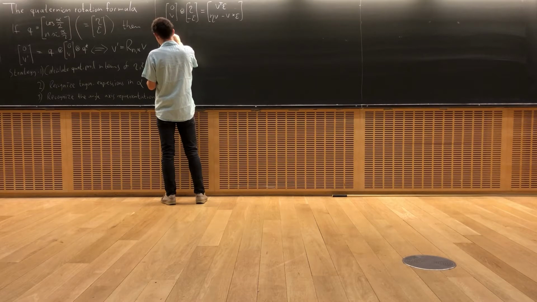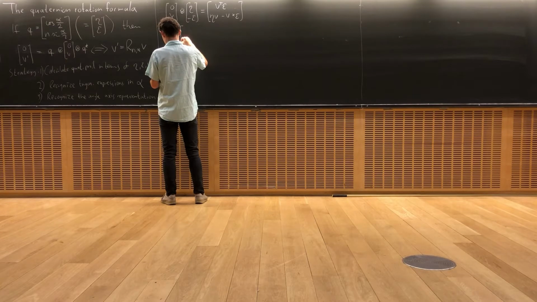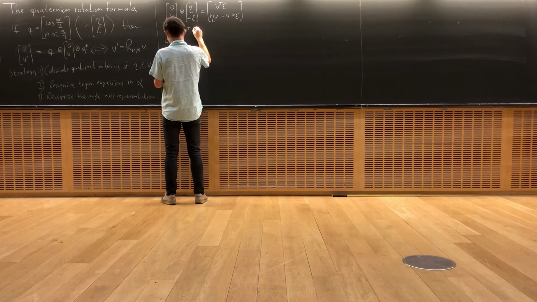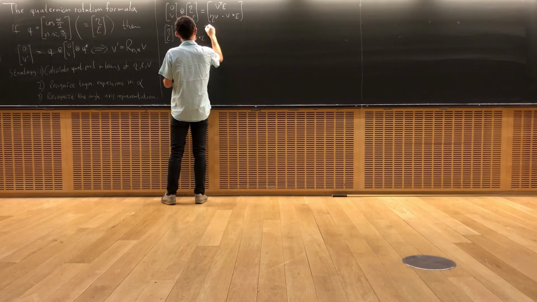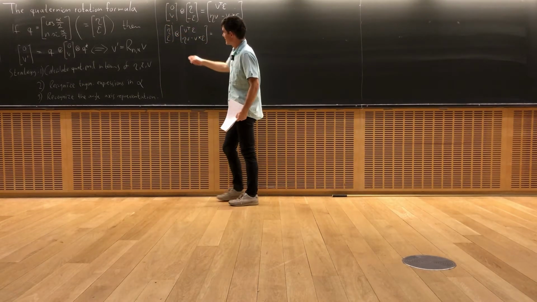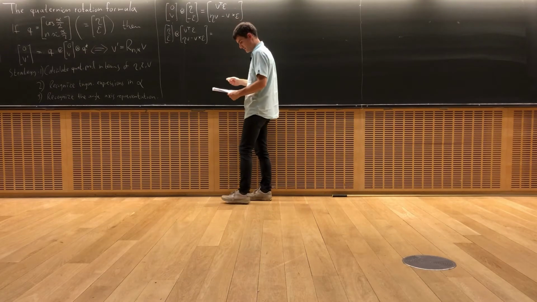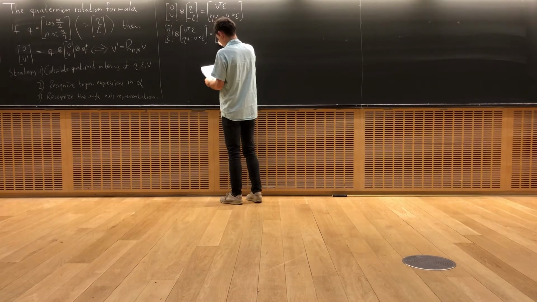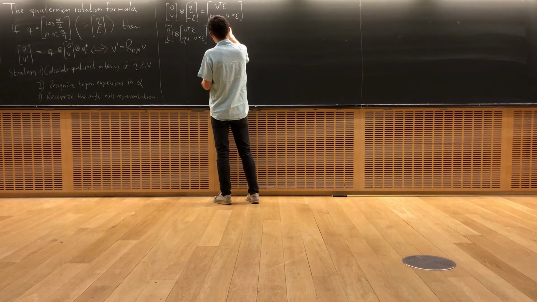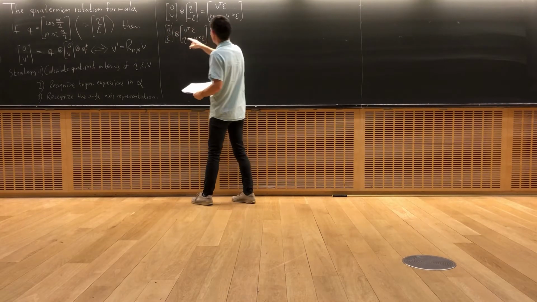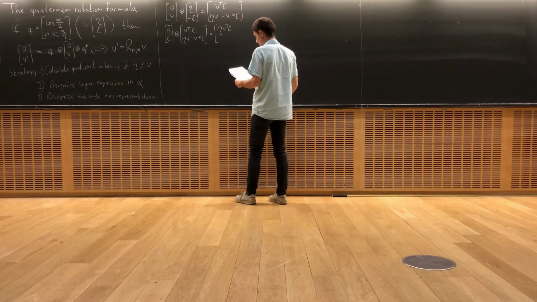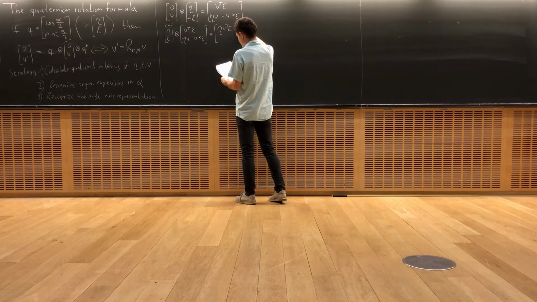And things get a bit more complicated. So I'm going to take the original quaternion times this whole thing. First I have this scalar part times this scalar part, then I need to do the scalar vector cross terms.